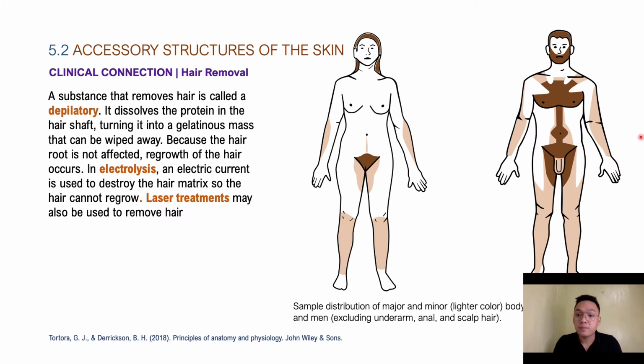There is also a condition we call alopecia, and we will discuss that later. It is a partial or complete lack of hair, and this may result from factors like genetics, aging, endocrine disorders, chemotherapy for cancer, and or skin disease.